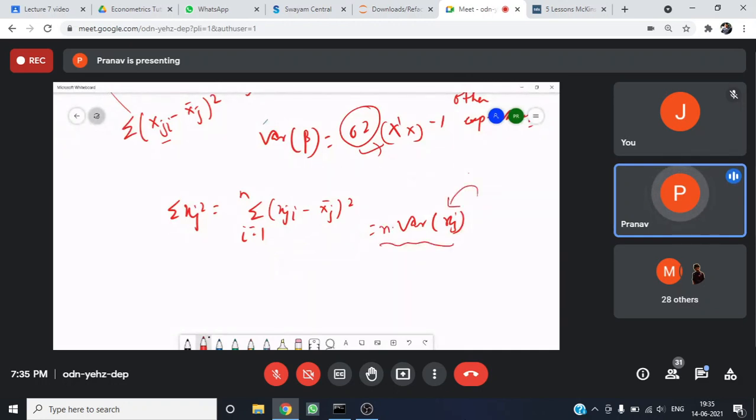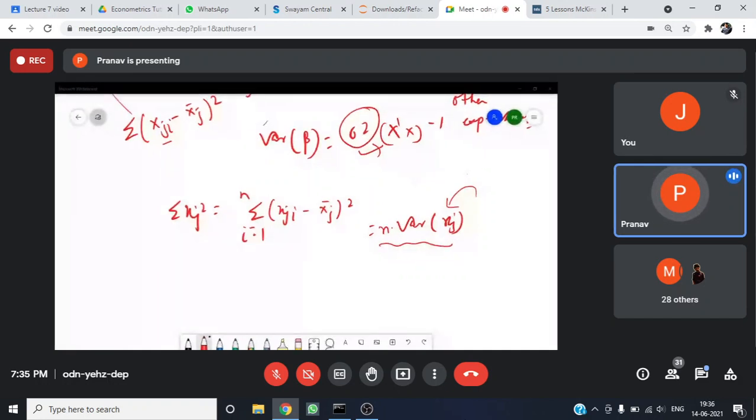Guys, are you with me here? I have not done anything, just manipulated the variance formula.